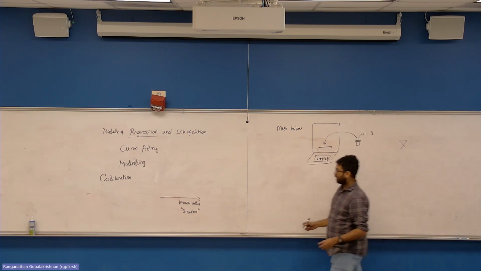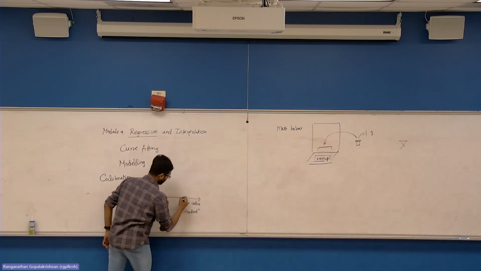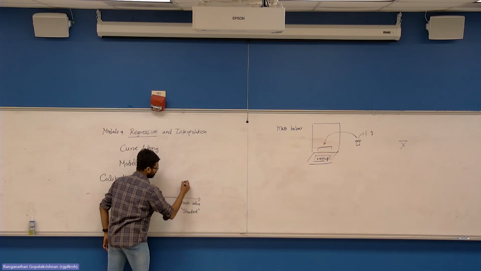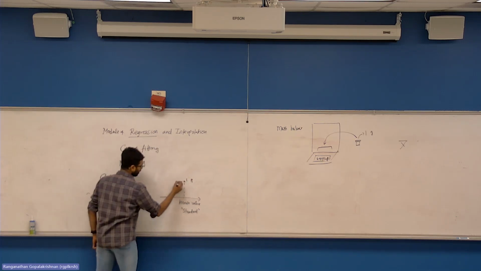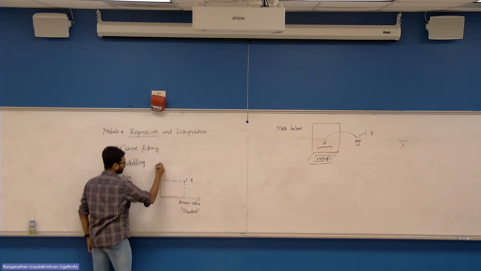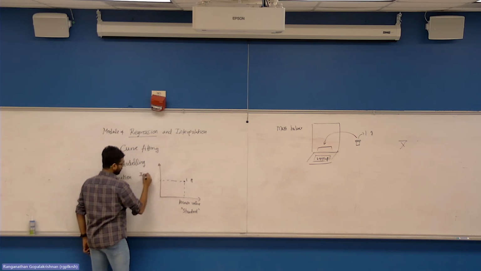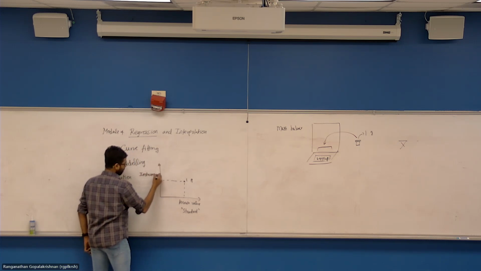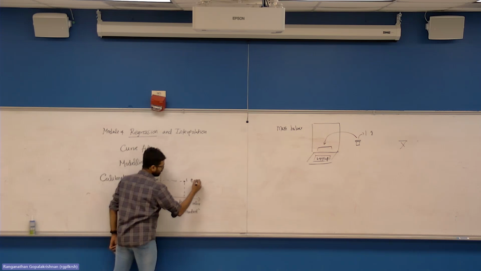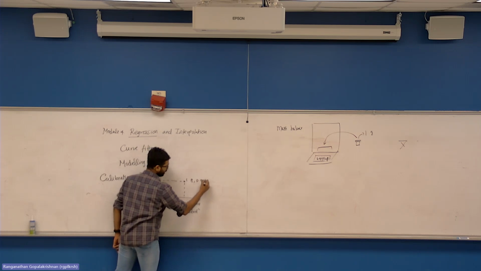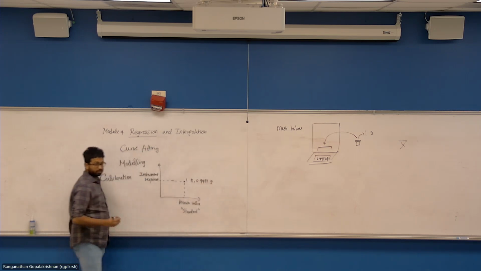So if I take the known value, and say the known value happens to be 1 gram, and my recorded value, or we'll call this instrument response, happens to be 0.9982 grams.